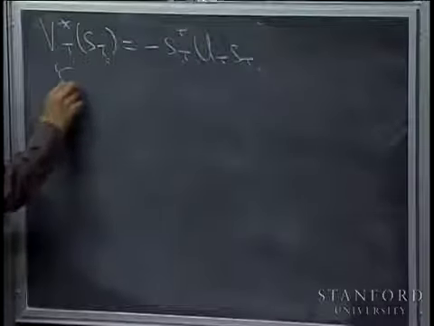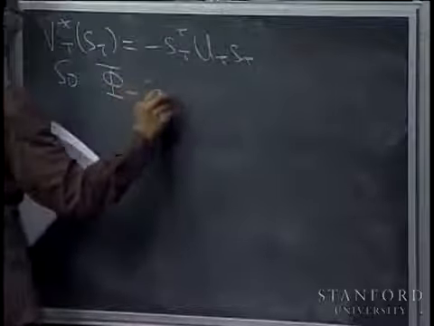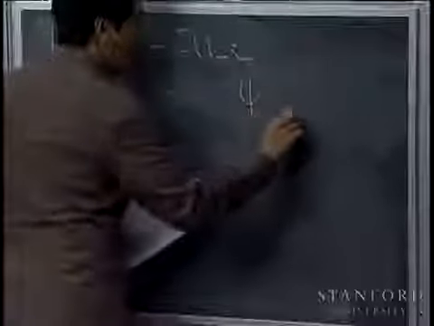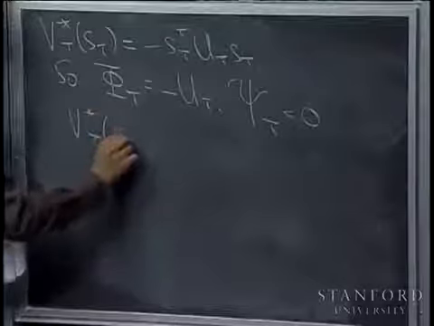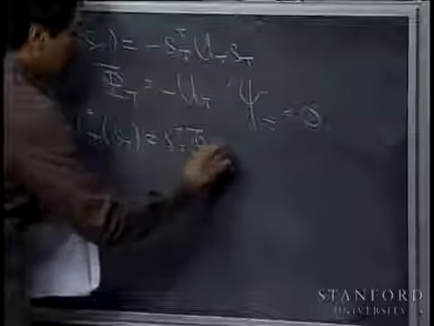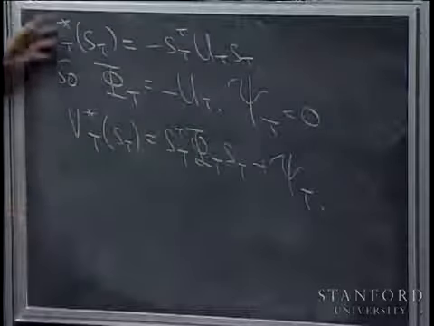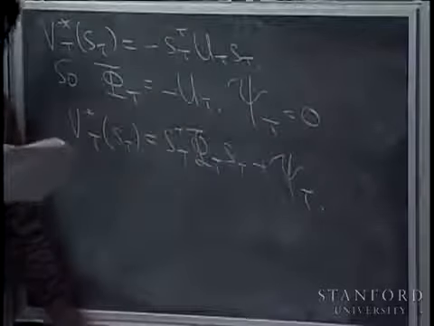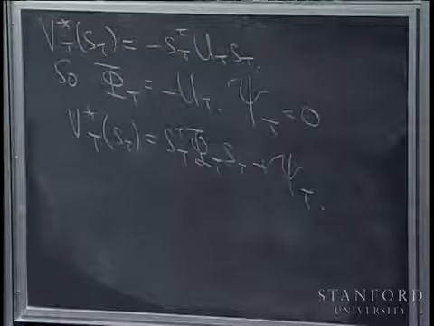And so we have that Phi of capital T is equal to minus U_T, and Psi of capital T is equal to 0. And now V star t of s_t is equal to s_t transpose Phi t s_t plus Psi t. So you can start out the recursion this way, with Phi T equals minus U_T and Psi T equals 0, and we then work out what the recursion is.